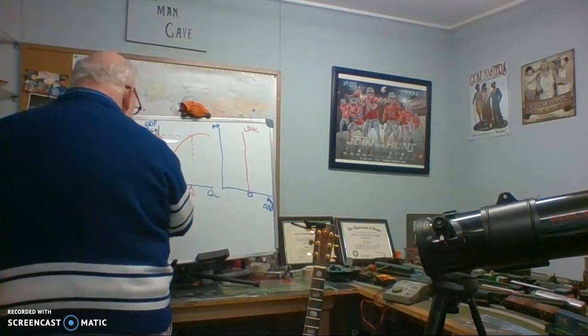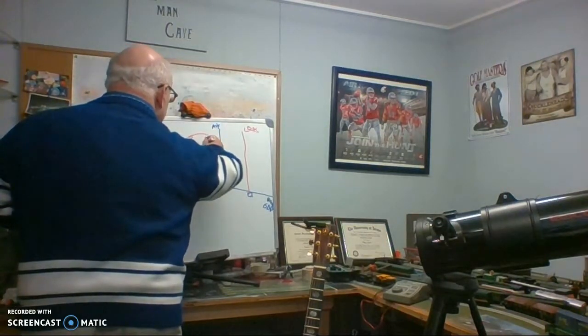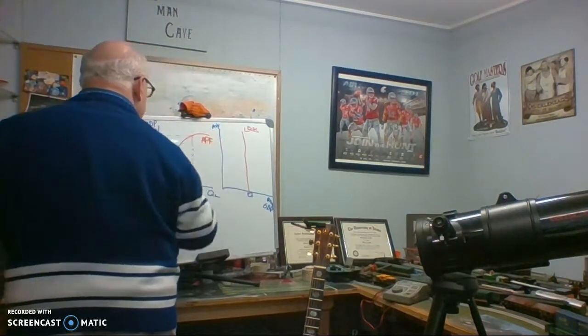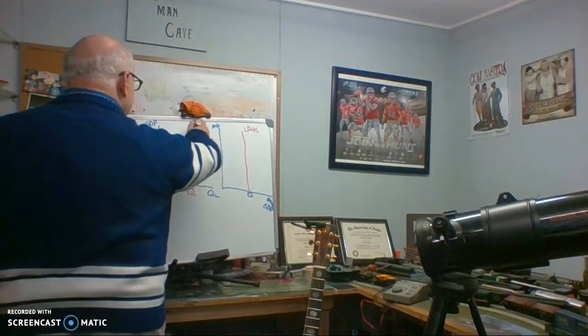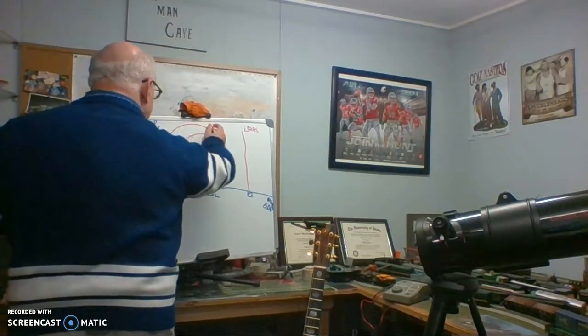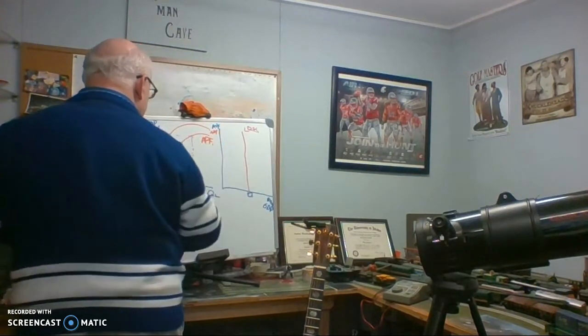And so the GDP, or the aggregate production function here, will actually shift upward, still in the same shape, but it will shift up. Okay?